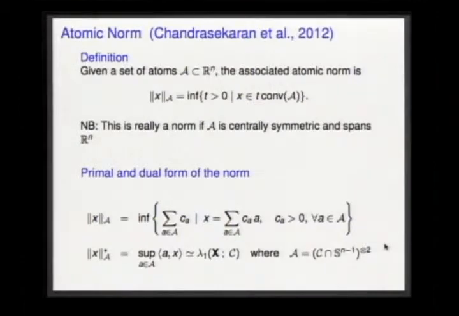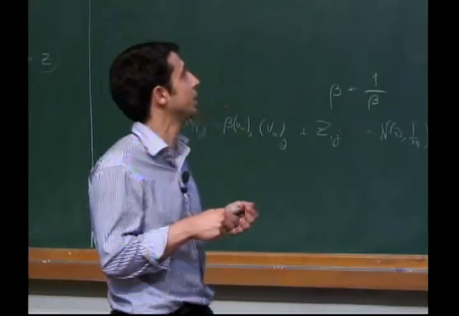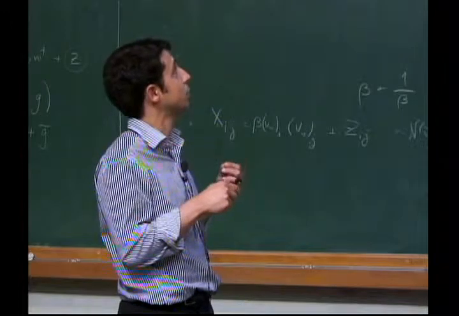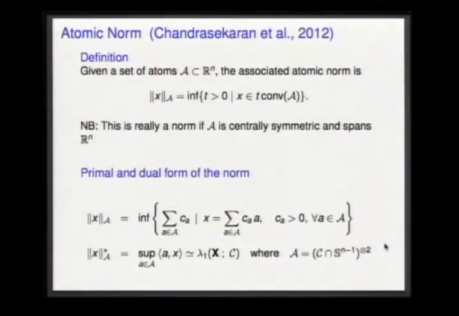This optimization problem is similar to the structured PCA problem we had before, if the set of atoms is the intersection of the cone with the unit sphere, with the outer product of each element with itself. And so here we see that the value of the cone-constrained structured PCA problem is the value of the dual norm of the atomic norm associated with this set of atoms.